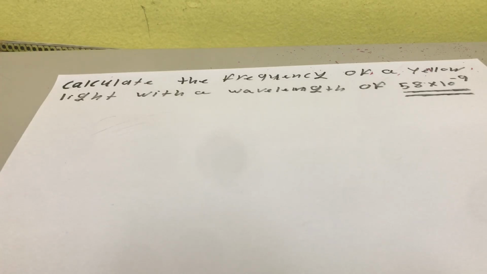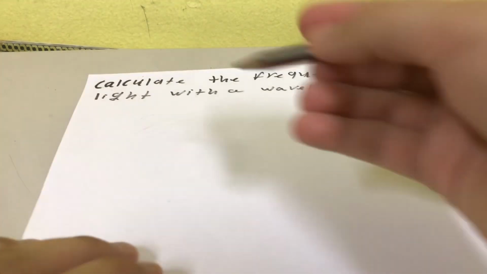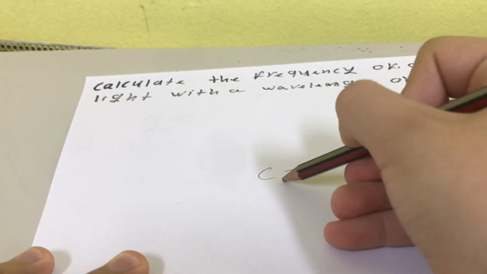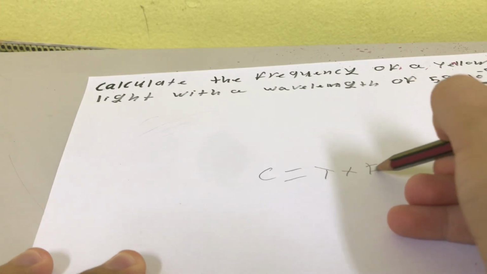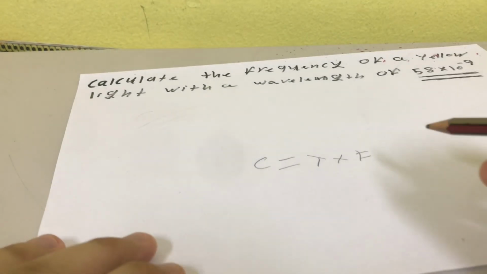Here's another example. Calculate the frequency of a yellow light with a wavelength of 58 times 10 raised to the negative 9th power. We have a relation between frequency and wavelength, so we use the formula C equals wavelength times frequency, or V, it doesn't matter.